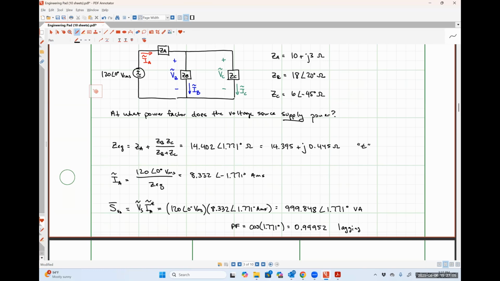So we've got a source supplying power to those three impedances, if we treat the source as if it's absorbing power, it's going to wind up having an angle that's greater than 90 degrees just because of the way that the math works out. But that really is just meaning that we've considered our powers flowing in the wrong direction. So I won't ever ask any questions on your exams, homeworks, or anything like that to where you'll get an angle that is greater in magnitude than 90 degrees, because I don't want to confuse you guys.